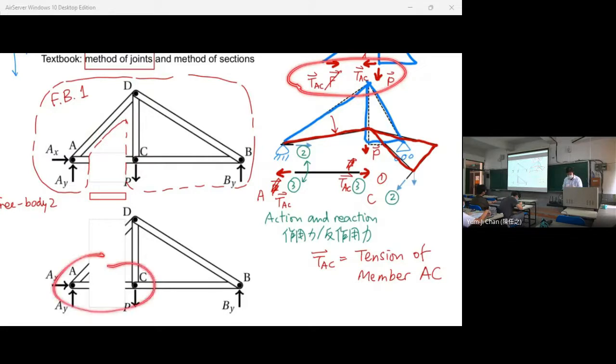So from here we have TAC. We have a force pair TAC and TAC here.